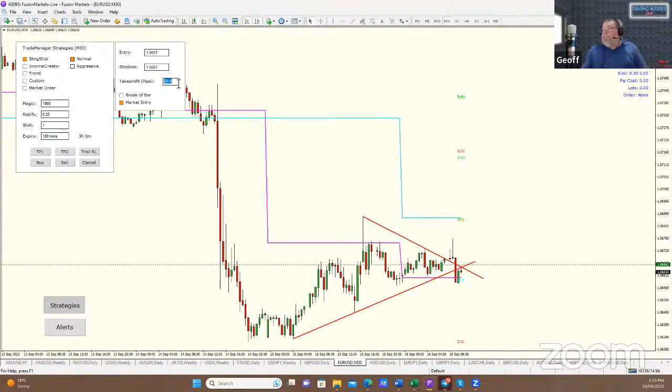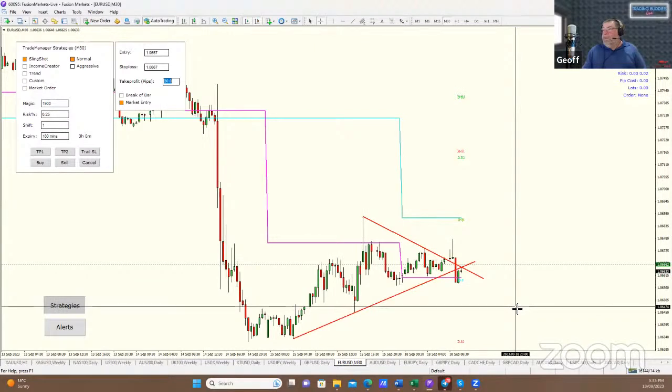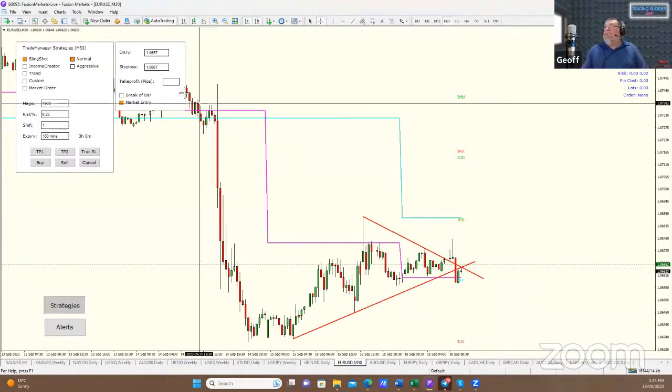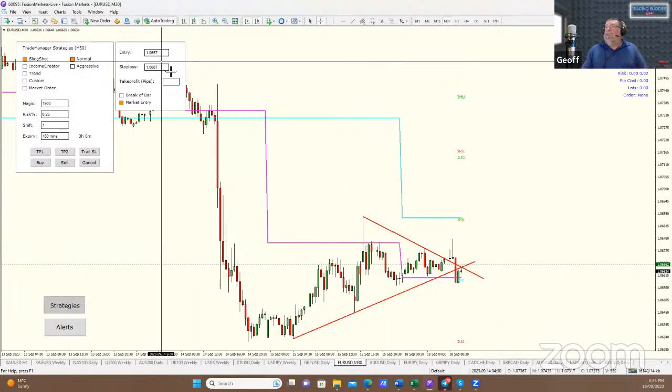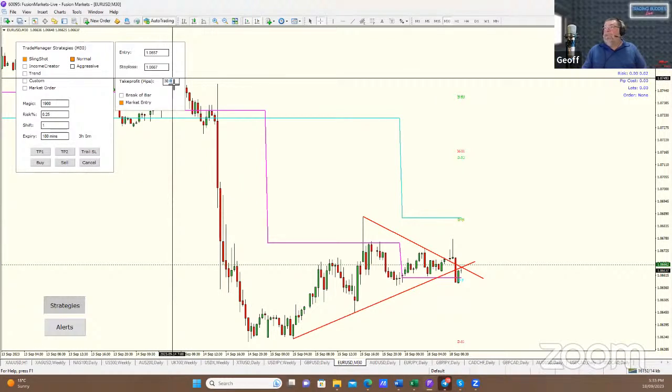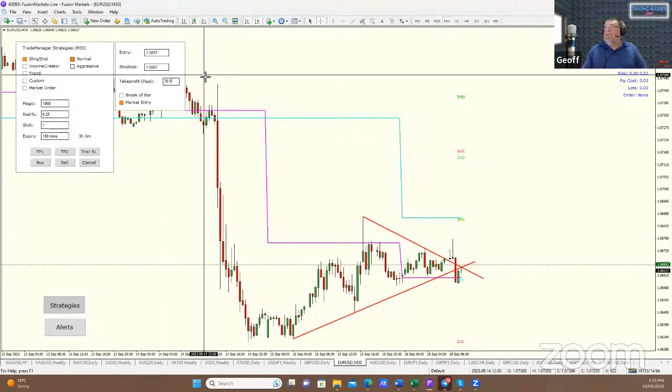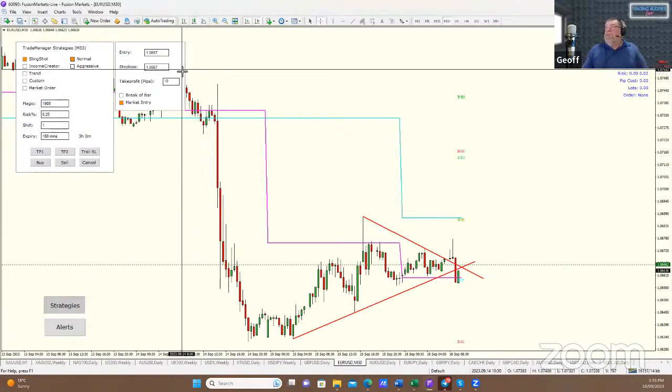Take profit pips, we'll use that level there, 1.0647, which will be 10 pips. And that will be the trade.